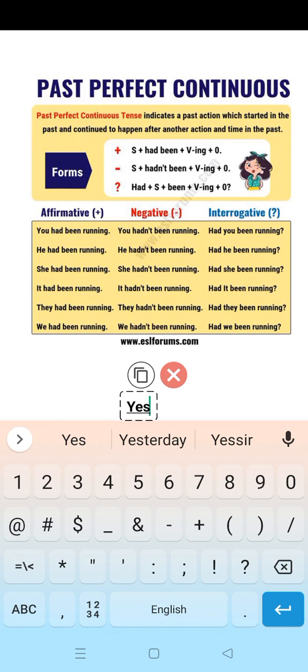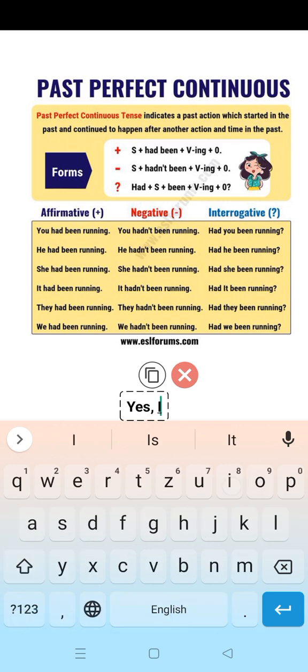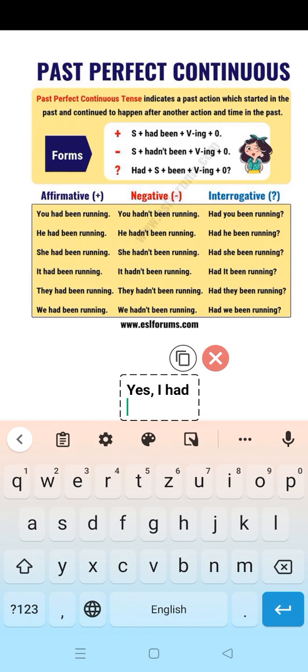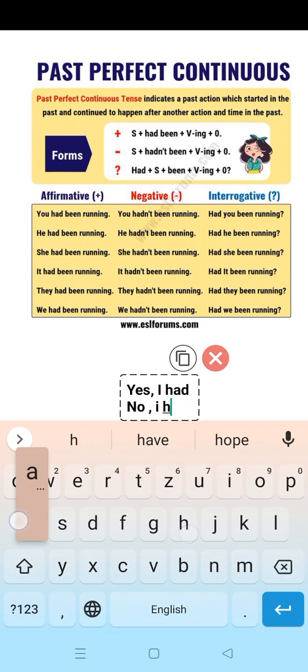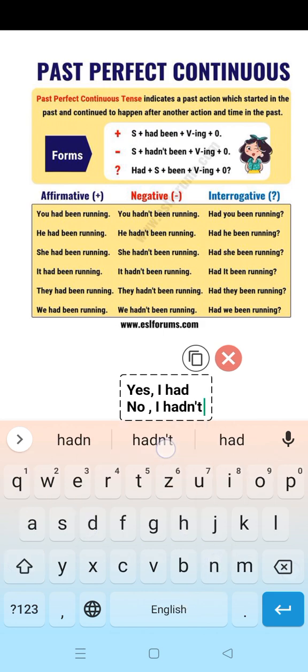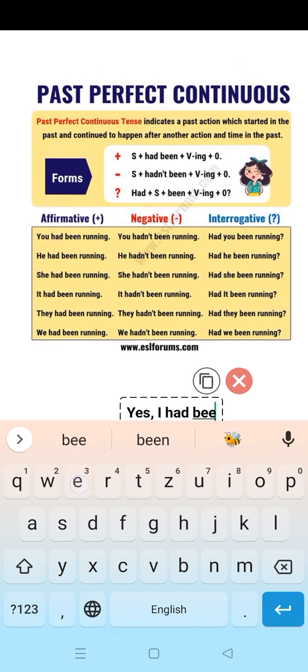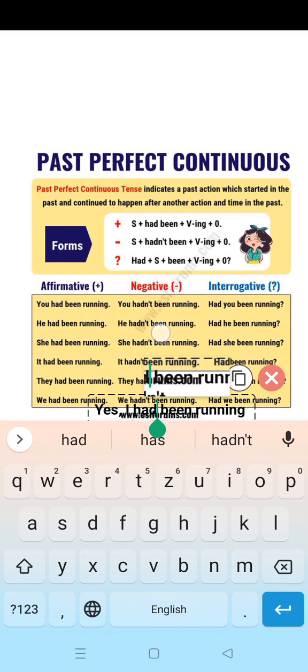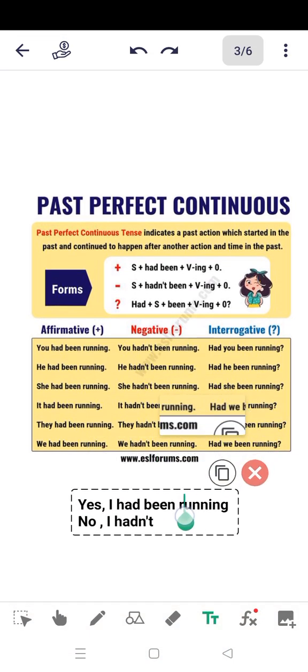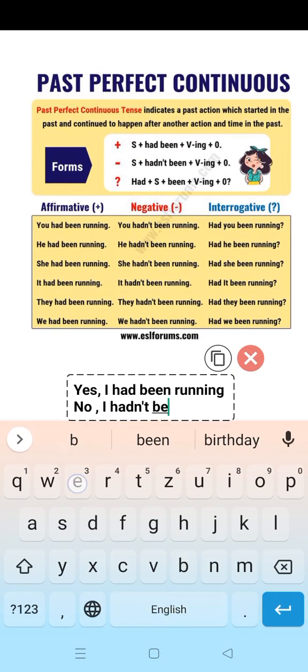Yes, I had. Or no, I hadn't been running. This is the full answer. Yes, I had been running. No, I hadn't been running.